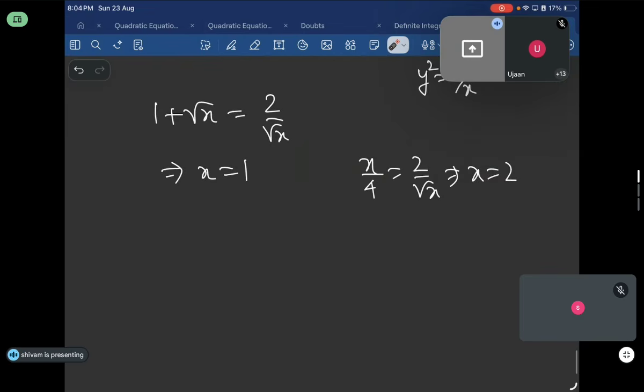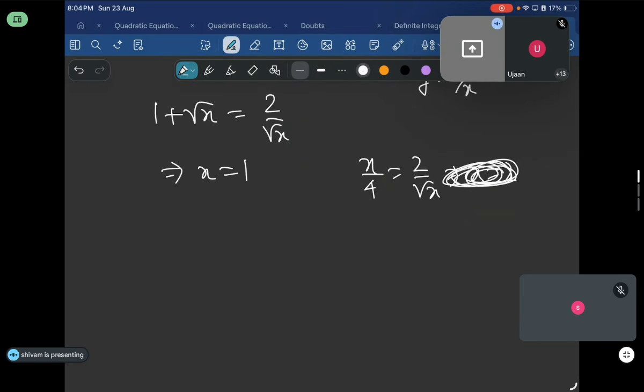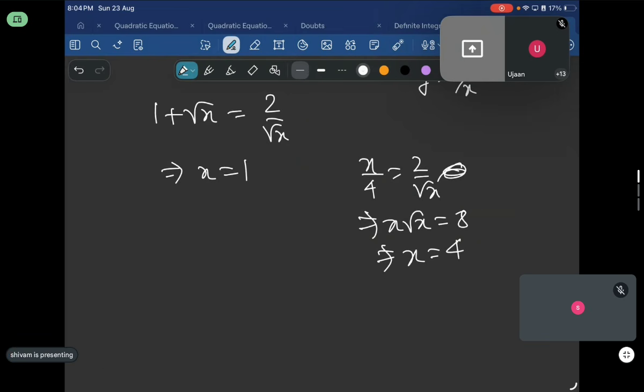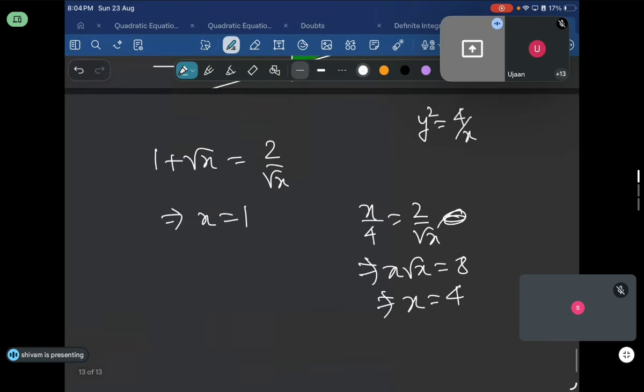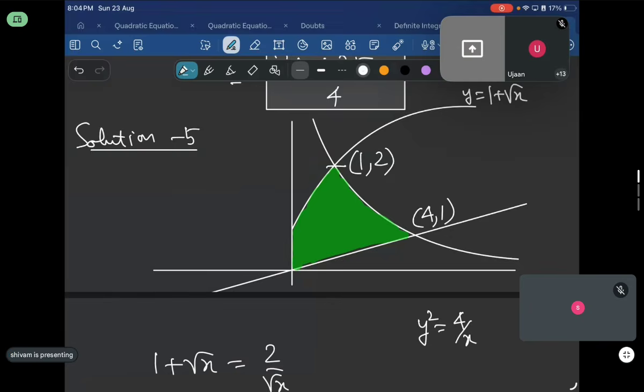Right, 2 by root over x is equal to x by 4. From here, x root over x is equal to 8. So what is the value of x? Tell me. I guess 4. So the coordinates of this point is x equal to 4, y equal to 1.